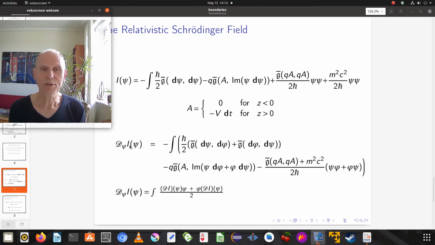The same method we perform. First, a few comments on the way I write the Lagrangian, or the action. It might be different from what you're used to seeing. I use another unit for psi.